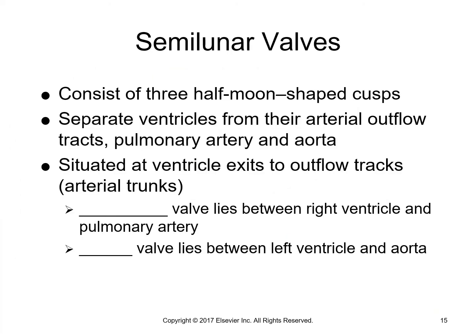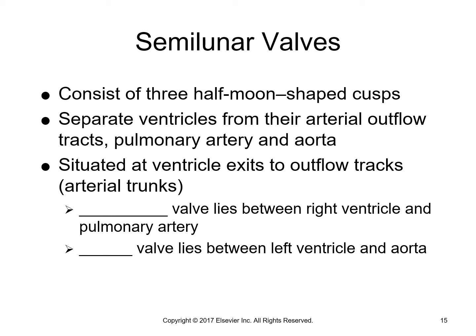All right. So we also have semilunar valves, and these are three half-moon shaped valves or cusps. They help separate the ventricles from their arterial outflow tracts, the pulmonary artery and the aorta. So they are situated at the ventricle exits to the arterial trunks.